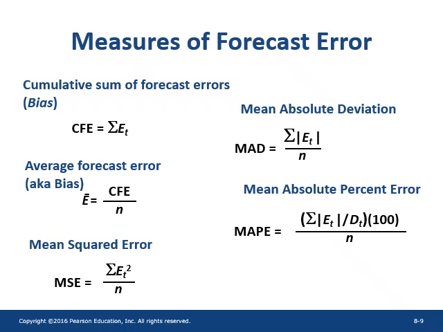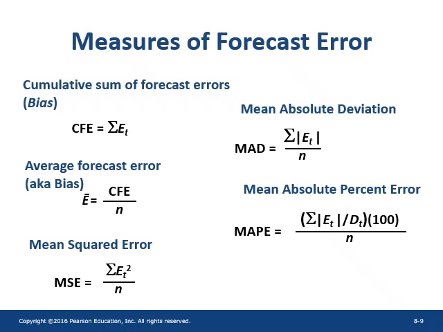It's just the sum of the error terms that you've gotten over time. We call it bias because what we would like is a technique where sometimes we overestimate, sometimes we underestimate. So when we add up what's happening over time, we end up with a value of 0. The positives and the negatives cancel each other out. So if we end up with a CFE of 0 or very close to it, we'd say our forecasting technique is not biased. We know that linear regression gives us an unbiased value for forecasting error.